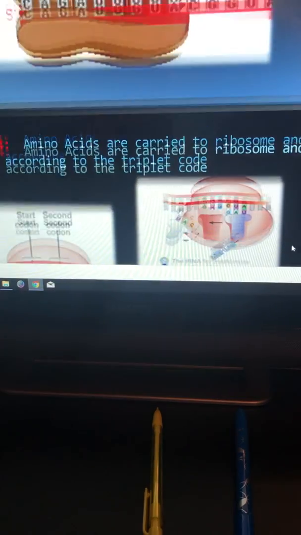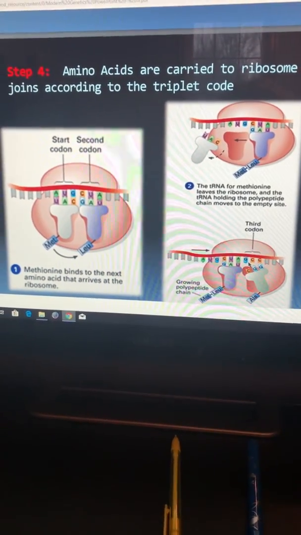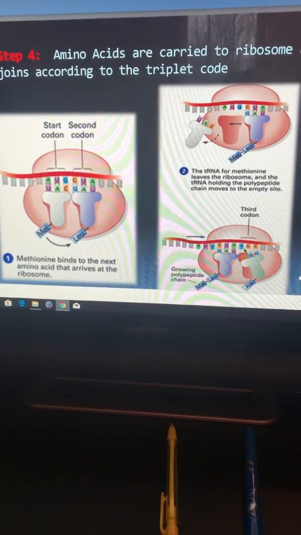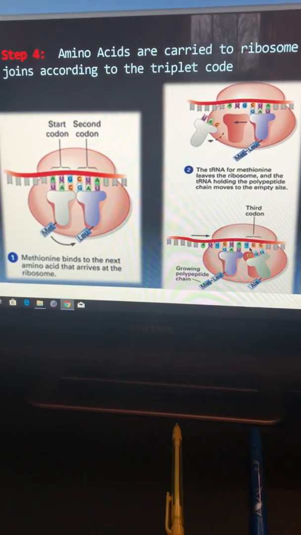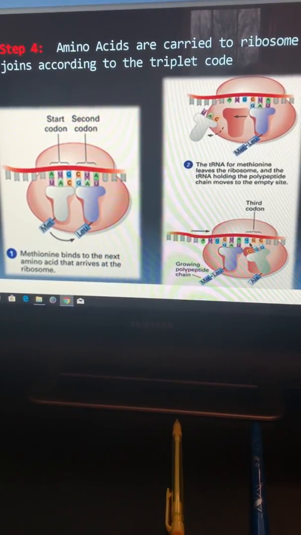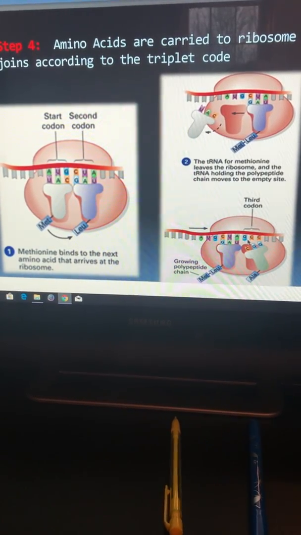If we go on, this is another picture showing that these amino acids are carried to the ribosome according to that triplet code. So you have MET that is going to be made. Transfer RNA is on the bottom.